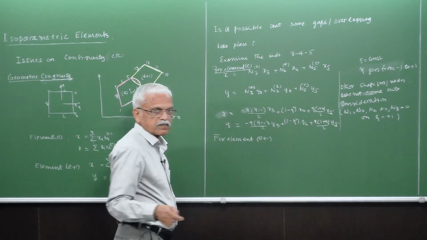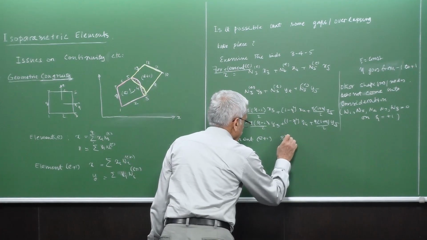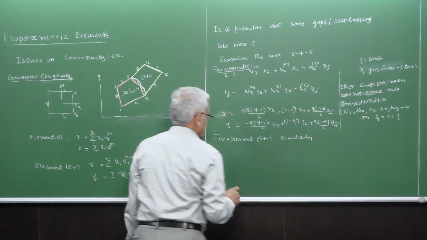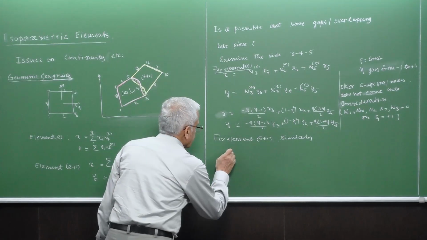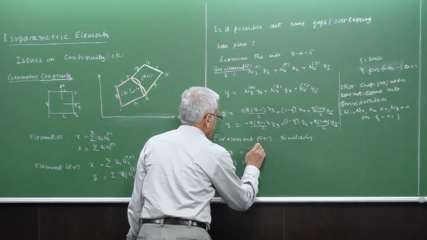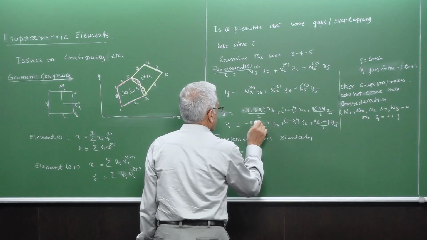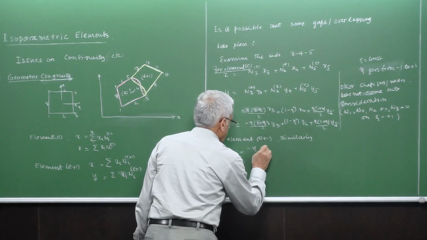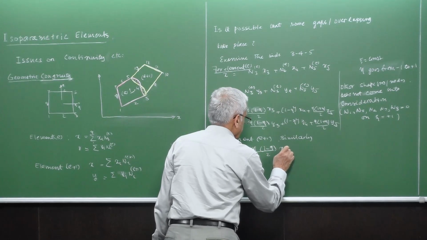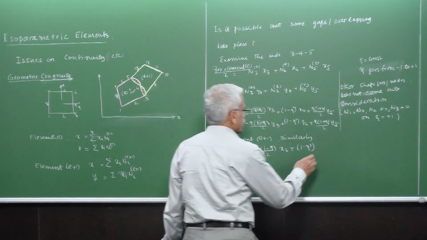So we can go through the same argument here, and similarly for element E plus 1 we get the same kind of expression. So if you work out in detail, this is what you're going to get.